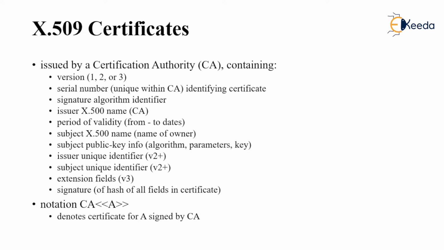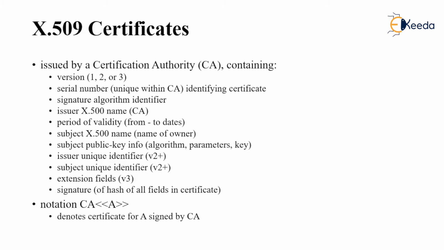It also has the subject name, the subject's public key, the issuer unique identifier, the subject unique identifier, extension fields, and the signature. The signature consists of the hash of all fields in the certificate, which is then considered the final signature.